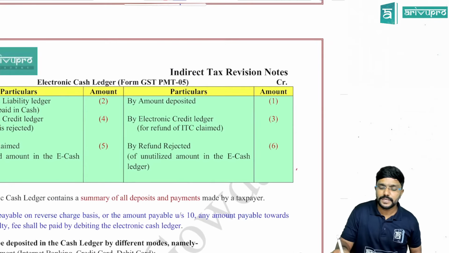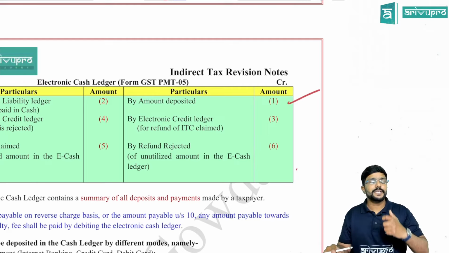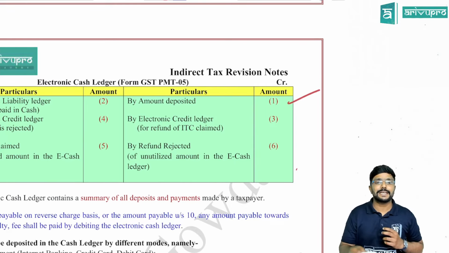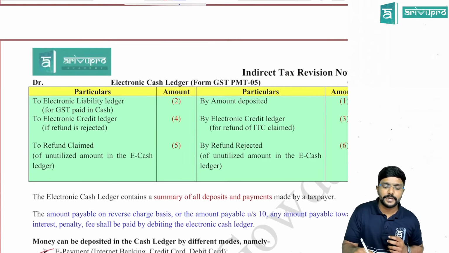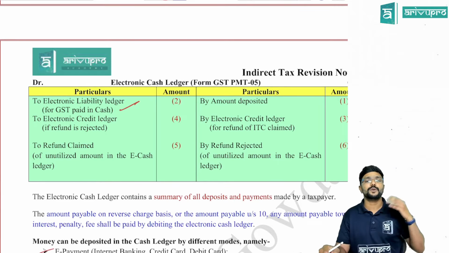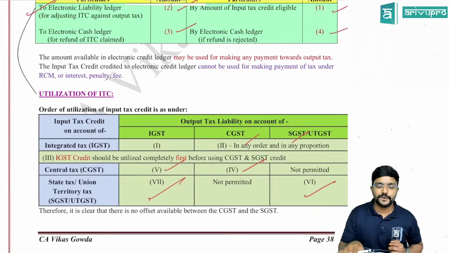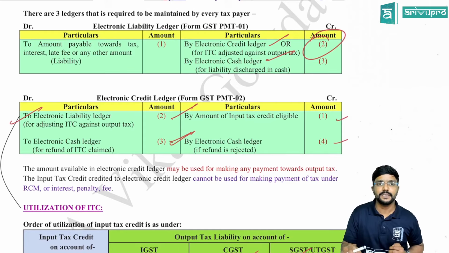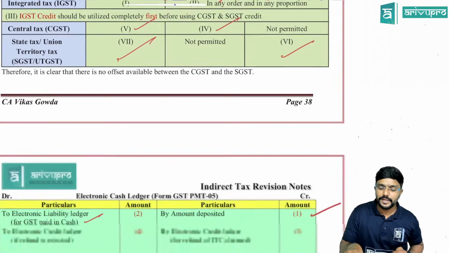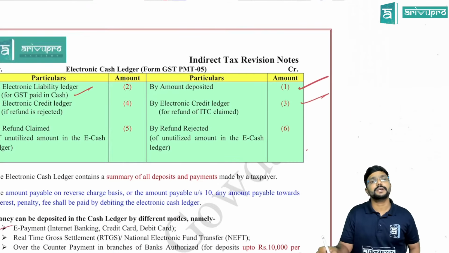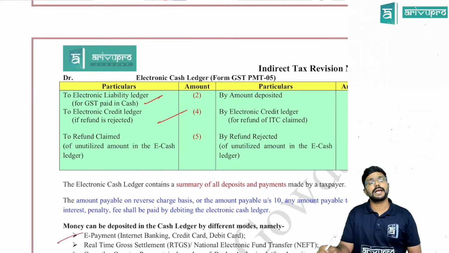So when you have deposited the amount by generating the challan, the amount will be credited to the cash ledger, and when you are actually utilizing it to pay anything under GST, the amount would be debited. And if you have claimed any refund of unutilized ITC, then that amount, if it is processed, will be credited to the cash ledger. If it is rejected, redebit it to the cash ledger.